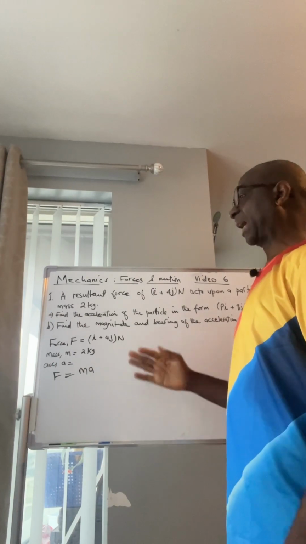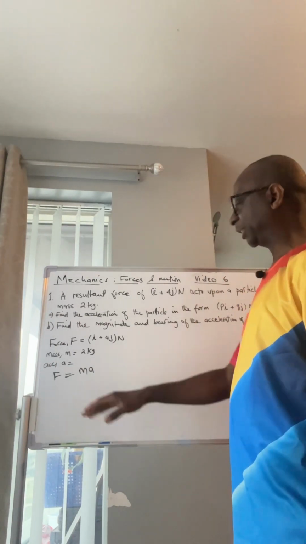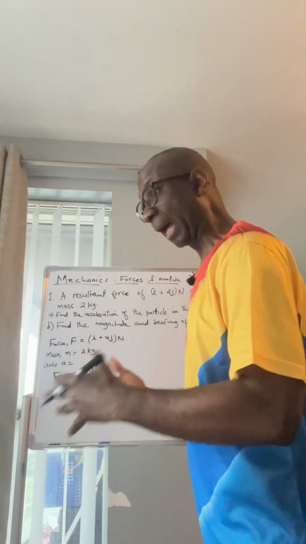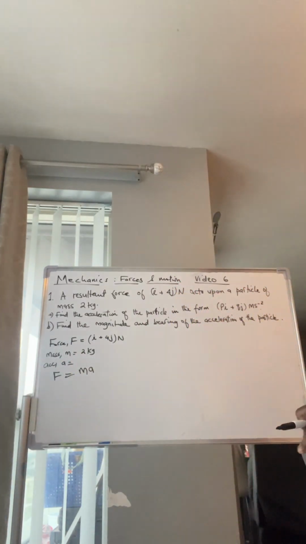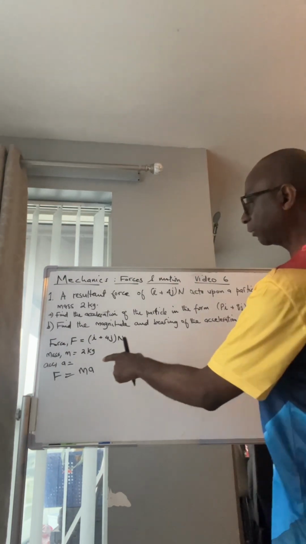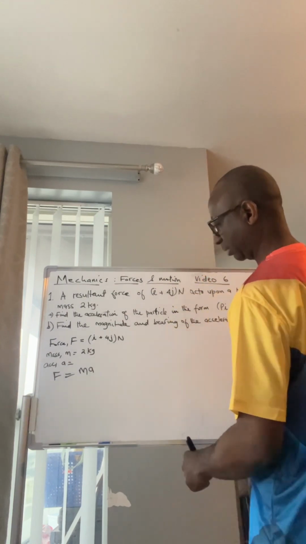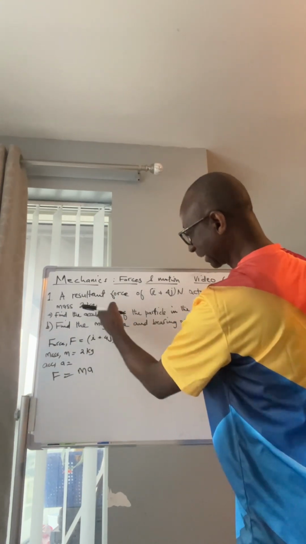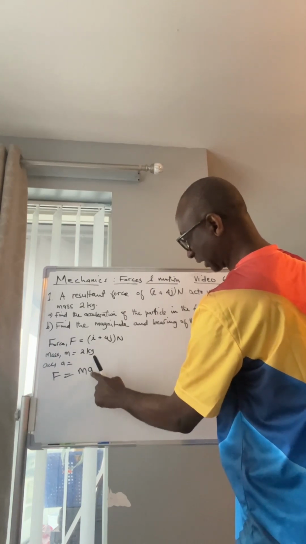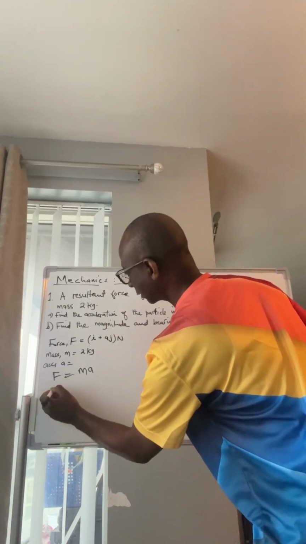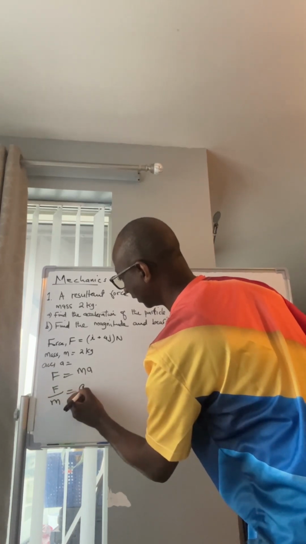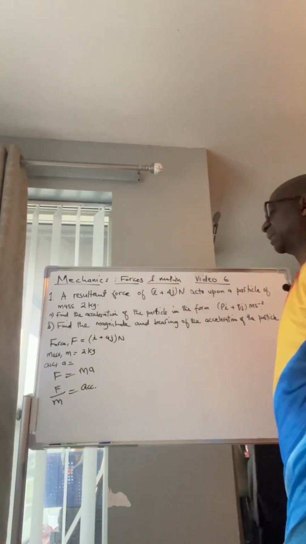If the acceleration varies, this law is not applicable; there are different rules you apply to solve that. What are we asked to find here? We are asked to find A, acceleration. You are given the force and the mass, and you are asked to find this. So F over M equals A, acceleration.